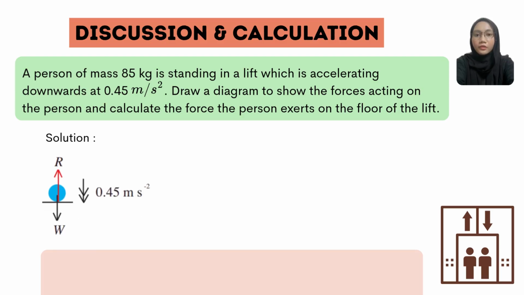First, this is the force diagram for the situation. The weight W acts downward due to gravity, while the normal reaction force R acts upward from the floor of the lift. From the question, the given information is m = 85 kg, g = 9.81 m/s², and a = 0.45 m/s² downward.